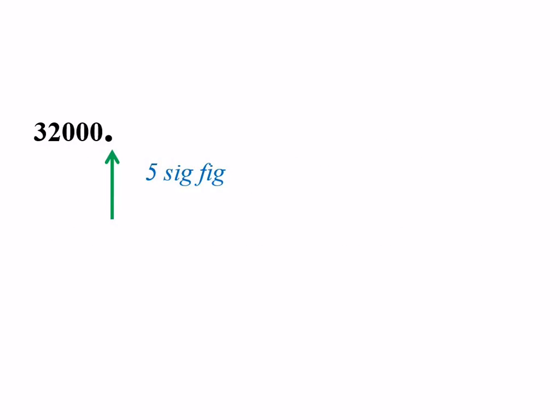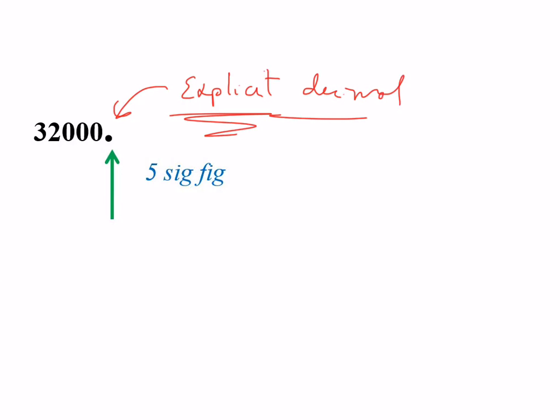Sometimes in problems they'll give a measured quantity and put a decimal after what otherwise would have been ambiguous. The convention is that they are telling you the one uncertain digit is that last one in the ones place. So this is back to 5 sig figs.